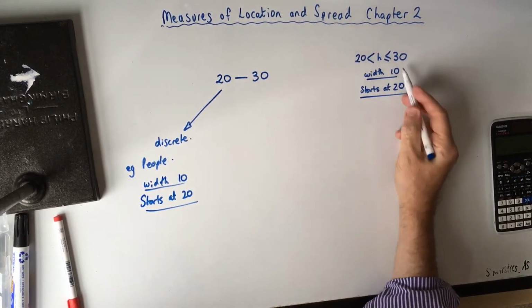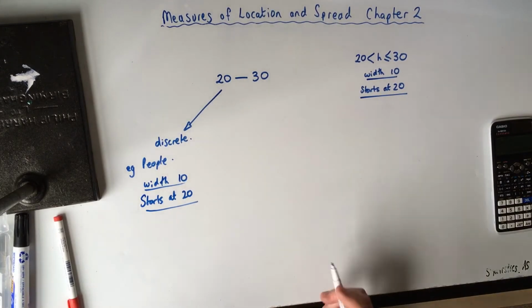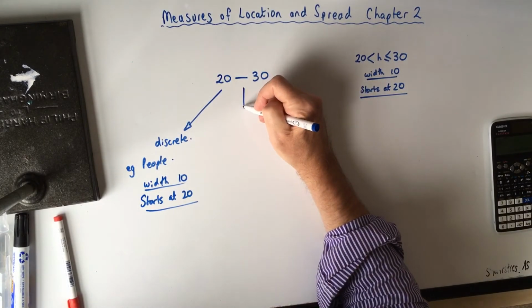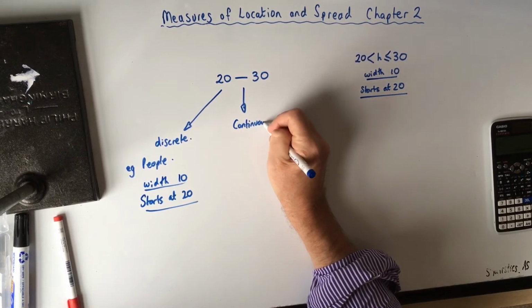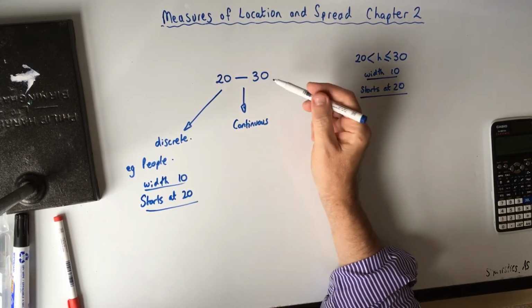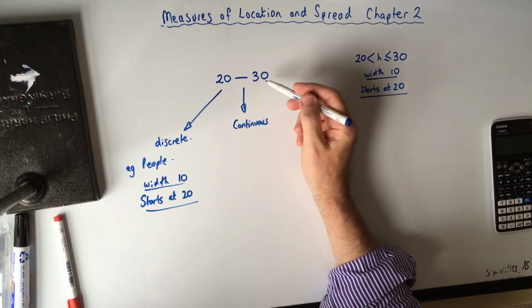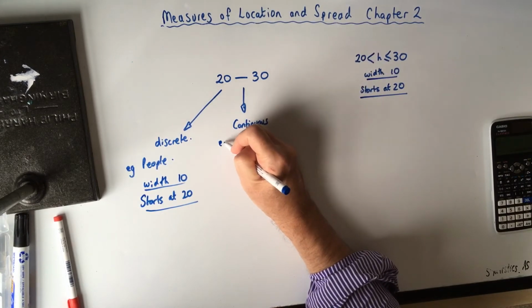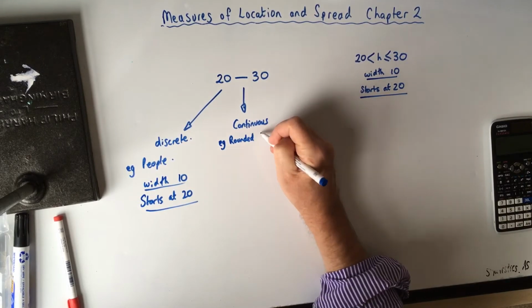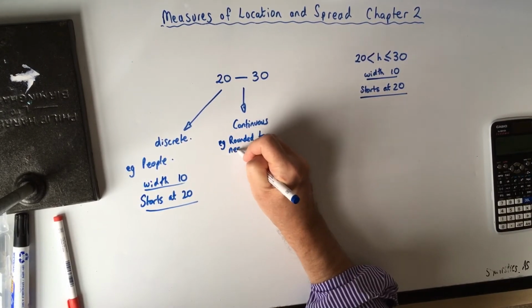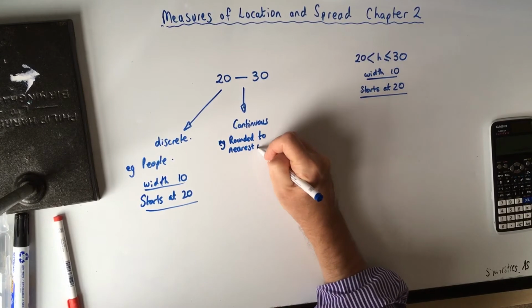If it's discrete data, same as this. However, it may be continuous data. And at A-level, you'll get questions where they might say, for example, rounded to the nearest minute.